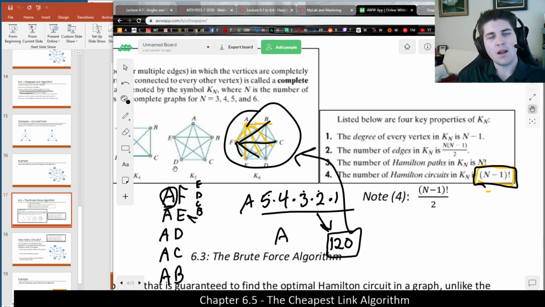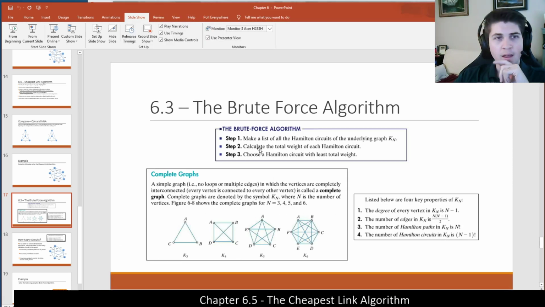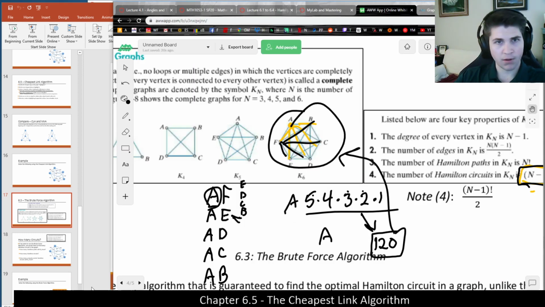So circling back to the brute force algorithm, if we're running the brute force algorithm, we have to find all the Hamilton circuits. Even if we just have 6 points, we're going to have to find 120 unique options in order to run the brute force algorithm.